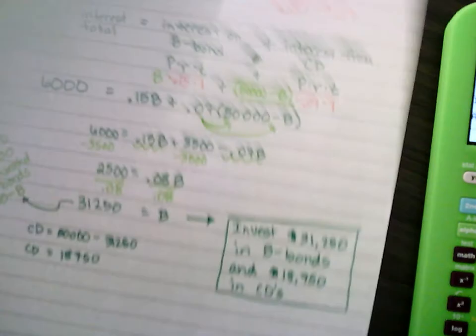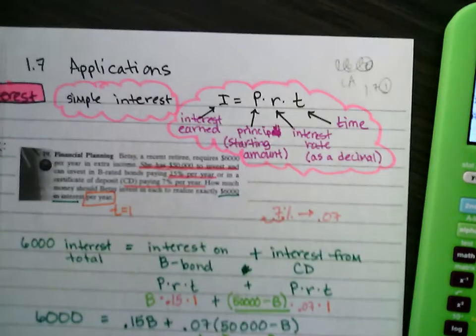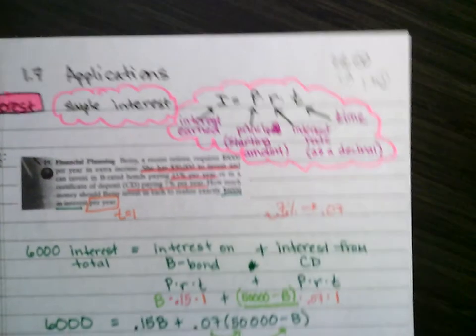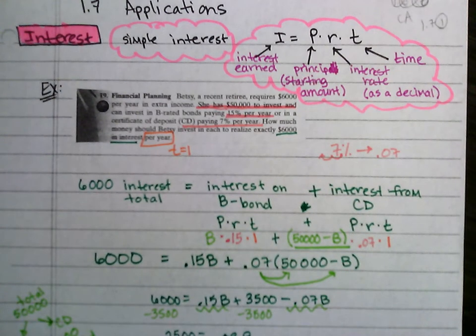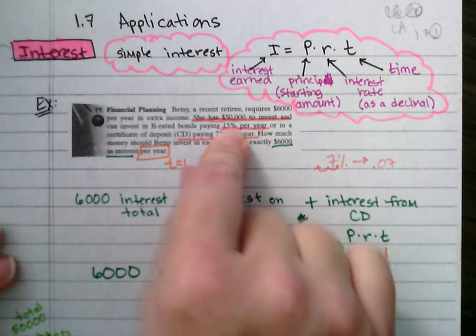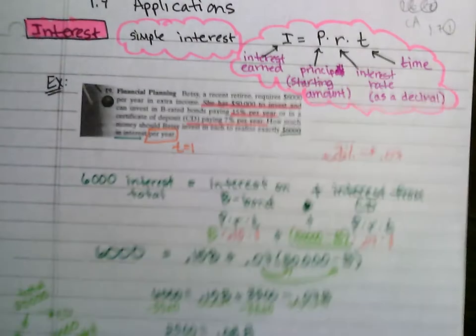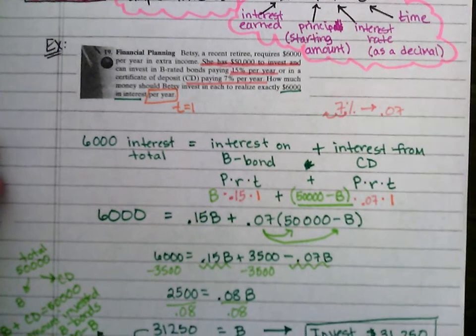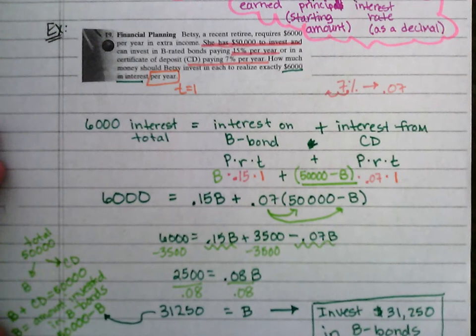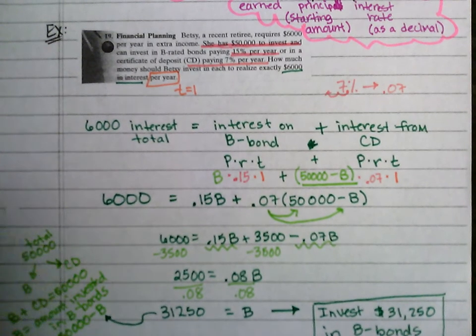If we go back to our page about interest, so that was a previous video. So if you are watching this out of order, you won't have these notes. But if we look at this interest problem as a mixture, where we're mixing interest that pays 15% with interest that pays 7%, so we'll use our same variables that we had before, then we're going to have one formula that's going to represent the amount of money invested and one formula that's going to represent the amount of interest earned.